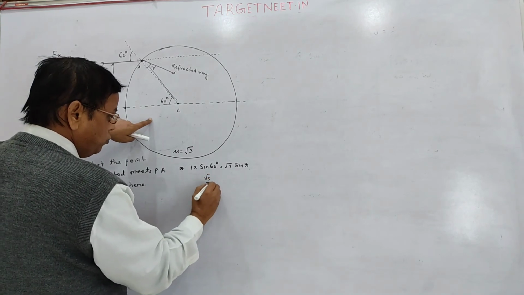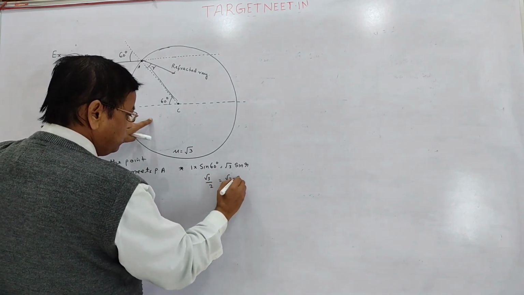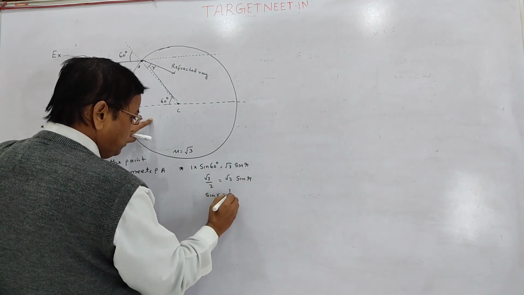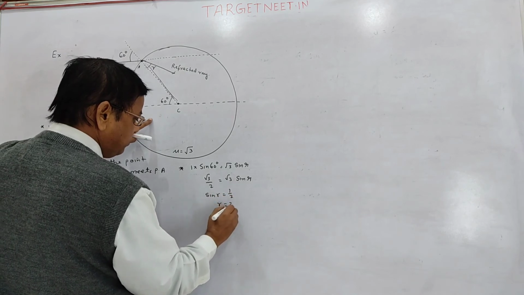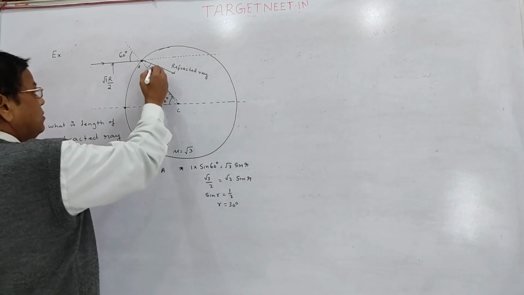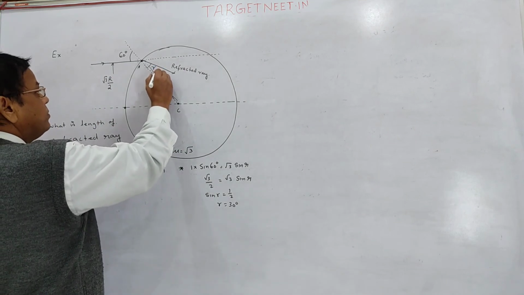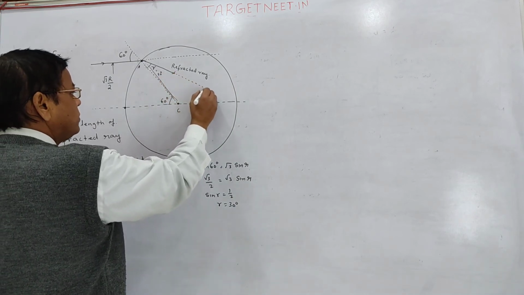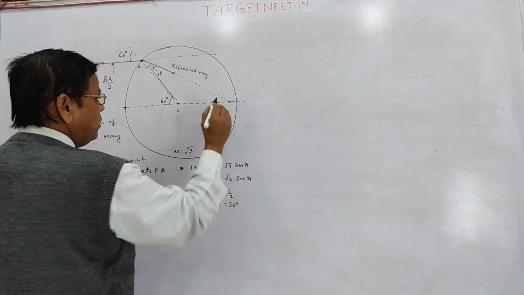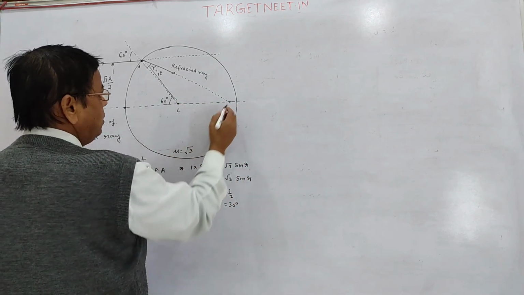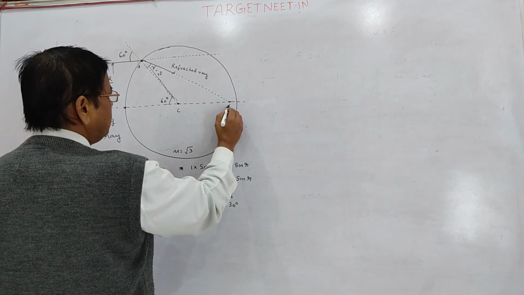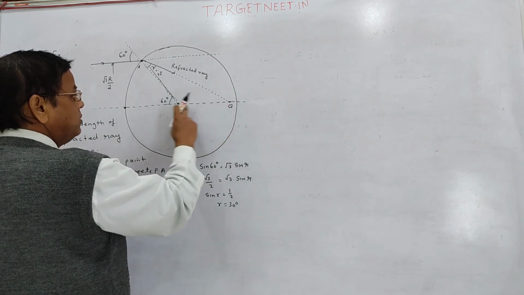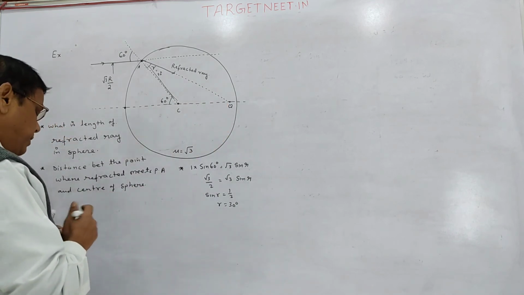So it is root 3 by 2 is equal to root 3 into sine r. So sine r is 1 by 2, hence r is 30 degree. Now we know this angle is 30 degree. Let's extend this. Suppose it meets here. I don't know where this is going to meet. If it meets here, let this point be Q. So the distance between this point and the center is CQ. This we have to find.